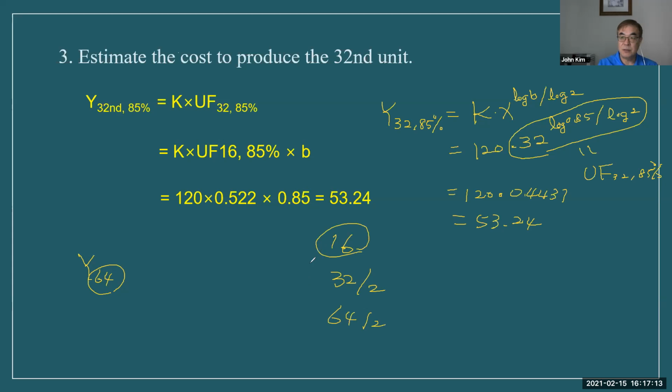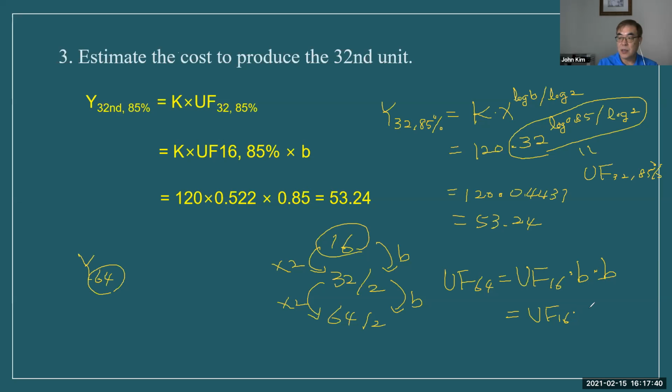So if we can find 16, doubled 2 times, times B times B. So unit factor 64 equals unit factor 16 times B times B, that is unit factor 16 times B squared.